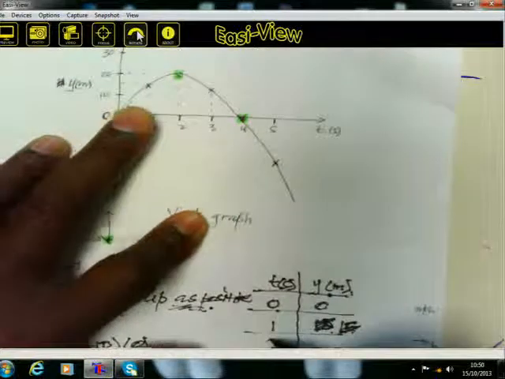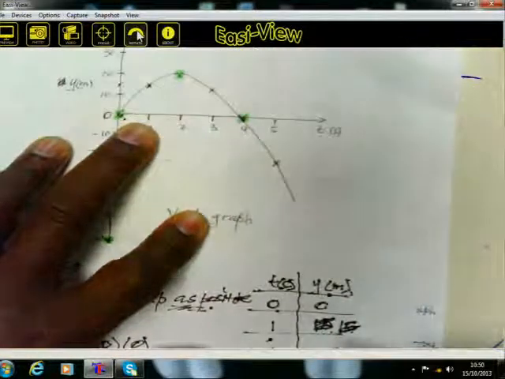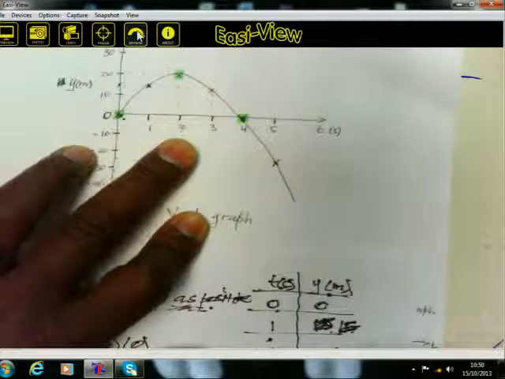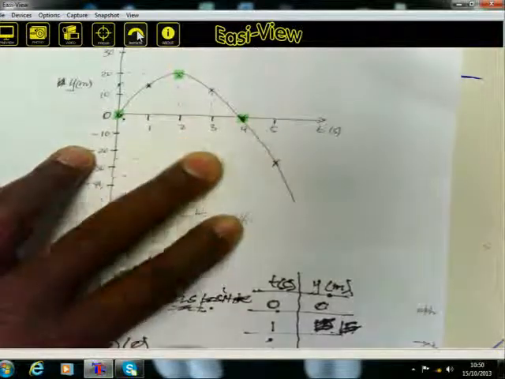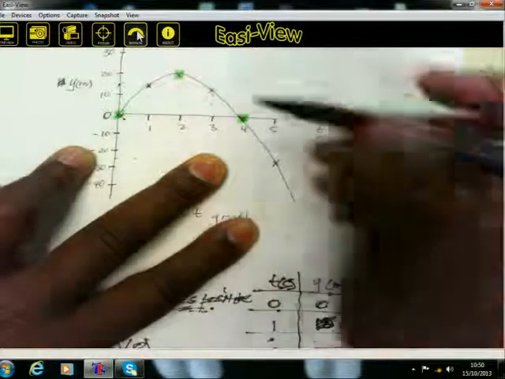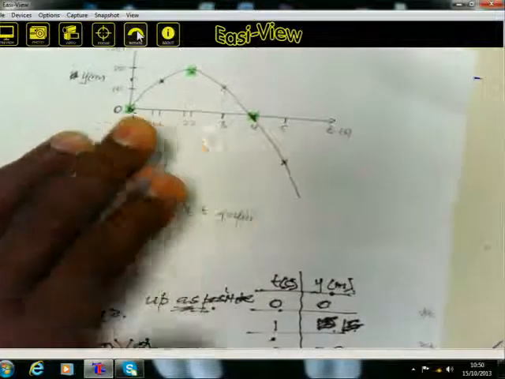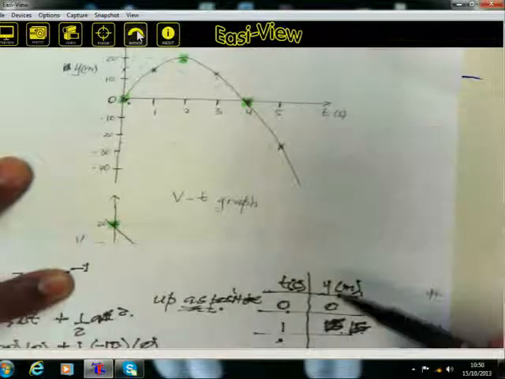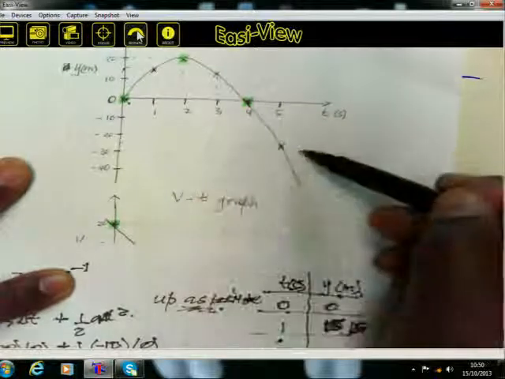When t is equal to 1, the position will be 15 meters. And when t is equal to 2, you have 20 meters. And when t is equal to 3, you have 15. And when t is equal to 4, you have 0. Lastly, when t is equal to 5, then you have minus 25.